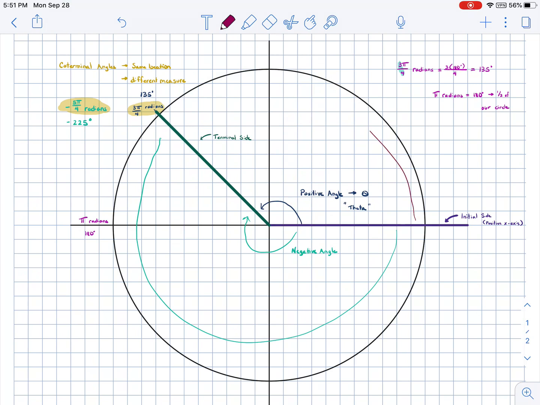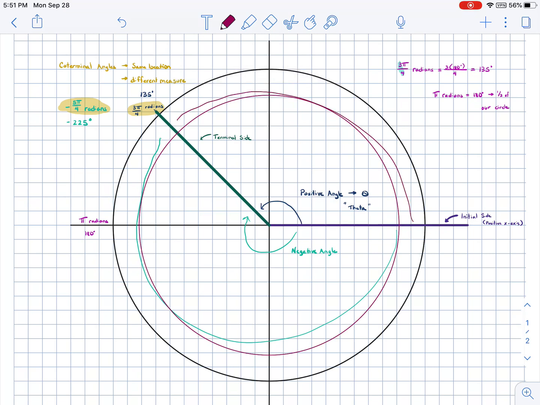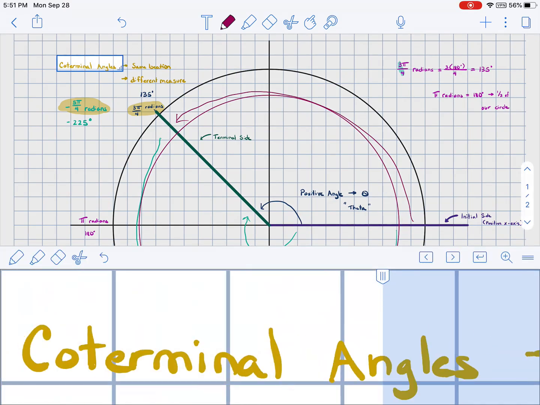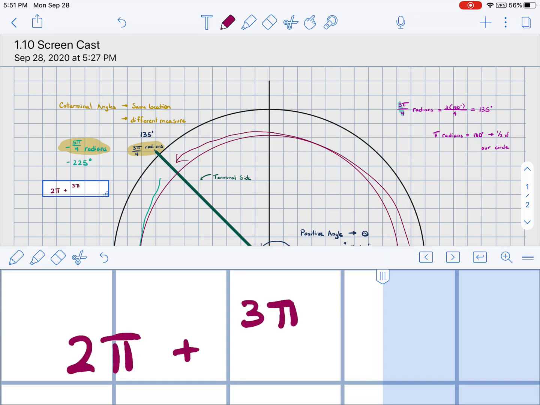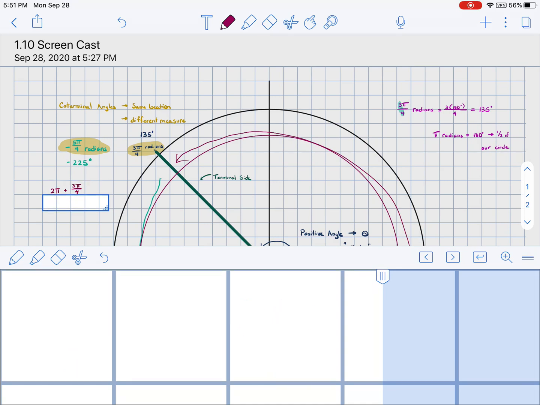So let's just say, let's go 2 pi, and then another 3/4. So I could actually create a whole other coterminal angle because I did 2 pi and I still went that 3 pi over 4. So I'm still in the same location.